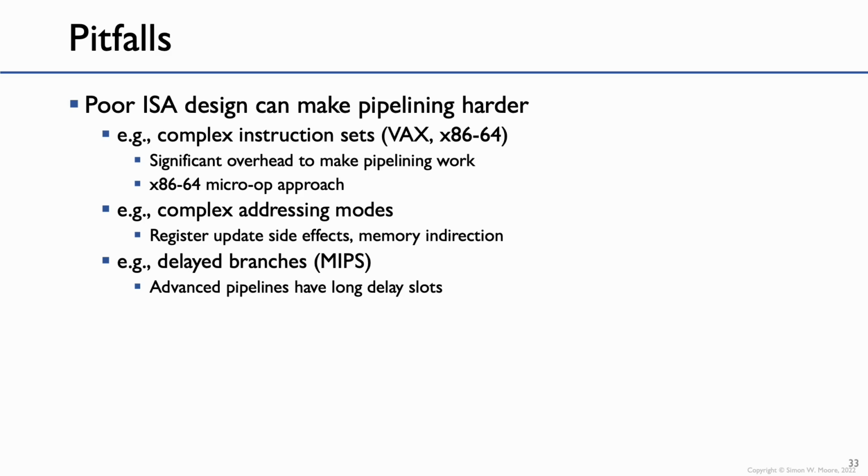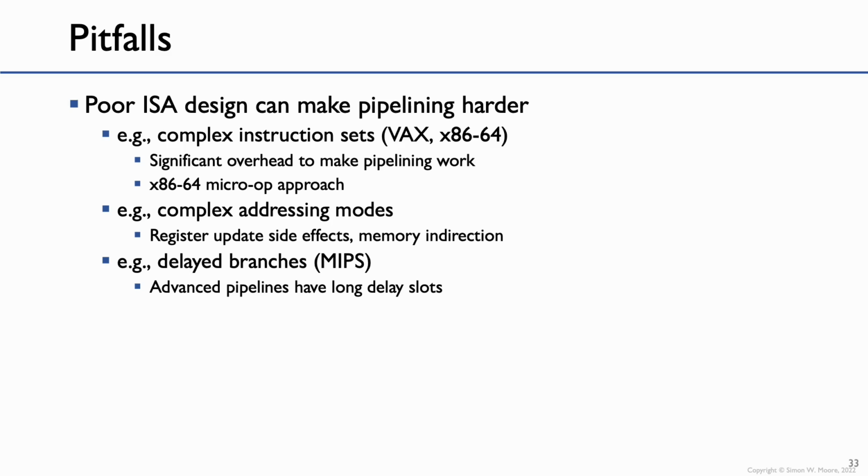And there have even been RISC instruction sets like MIPS. MIPS actually made the delay in branches observable. So in MIPS, every instruction after a branch was always executed, regardless of whether the branch was taken or not.